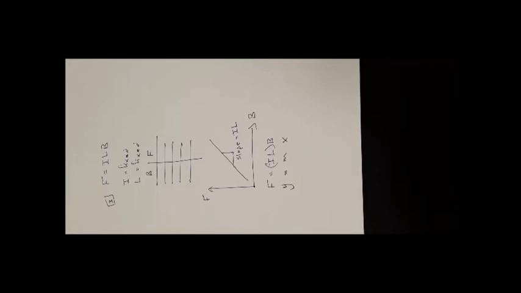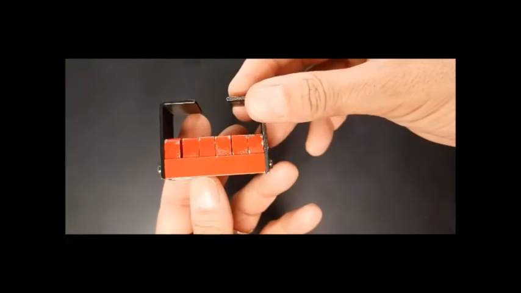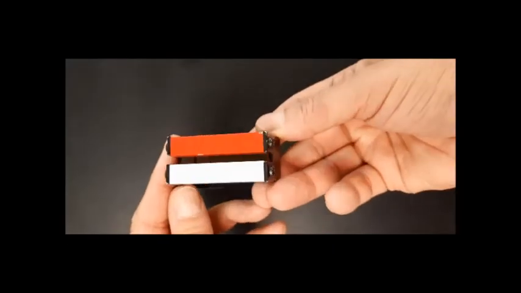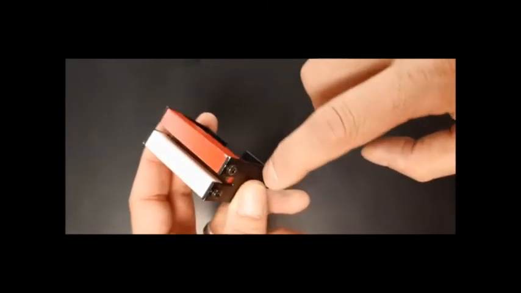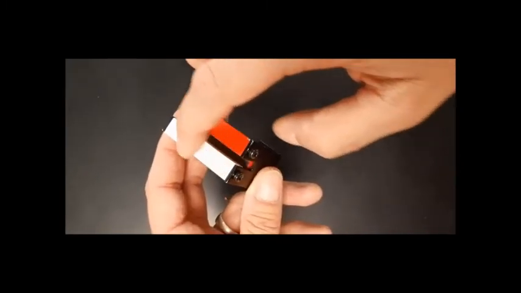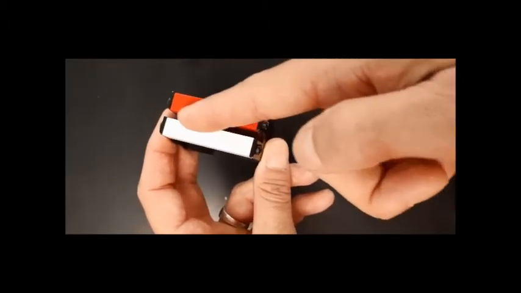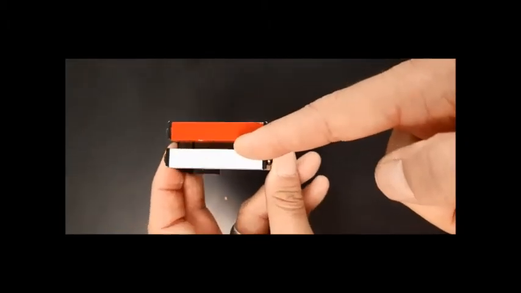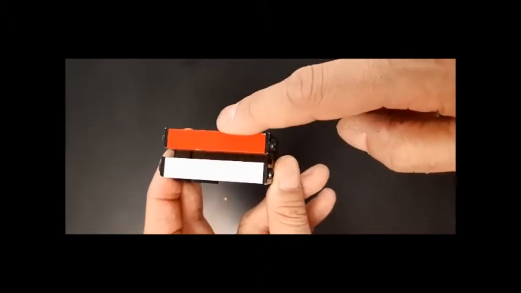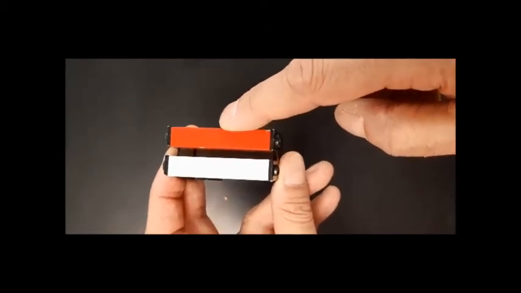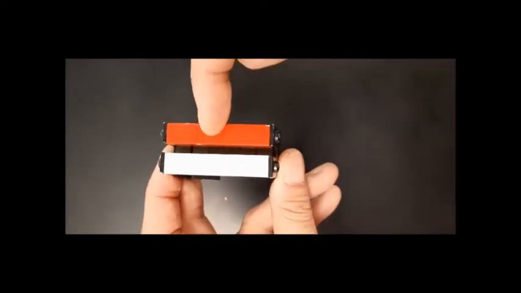Now I will show you how to do the experimental part. This is the magnet we are going to use in this experiment. The red part is the North Pole, while the white part is the South Pole. There's an opening here between the North and the South to put the wire in between. As we know, the magnetic field must be from North to South, so it must go from red to white.